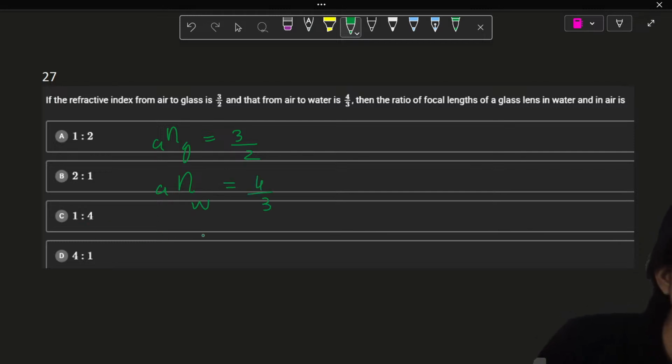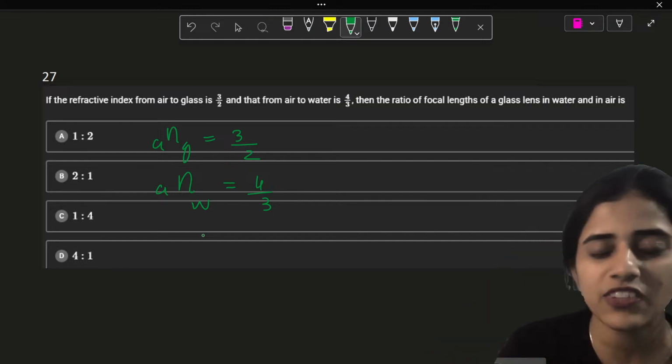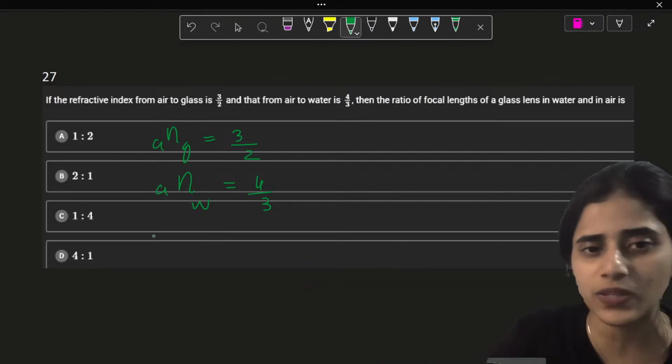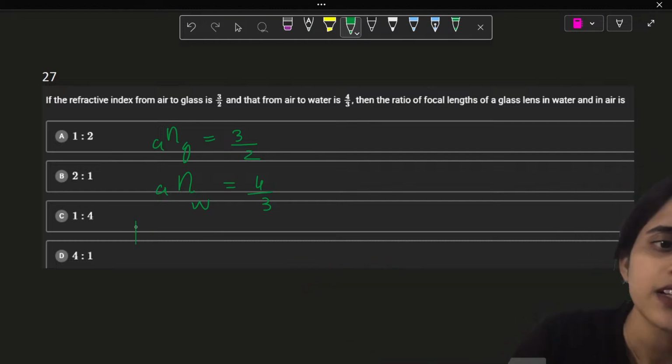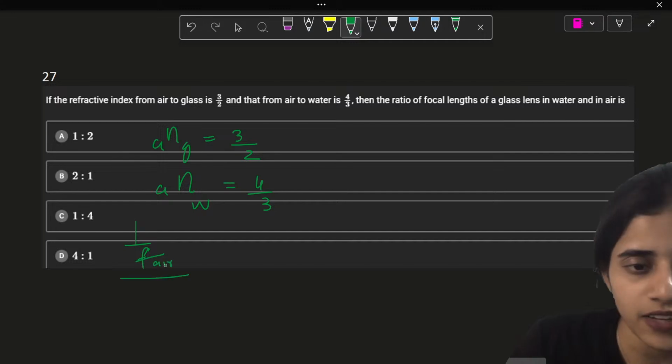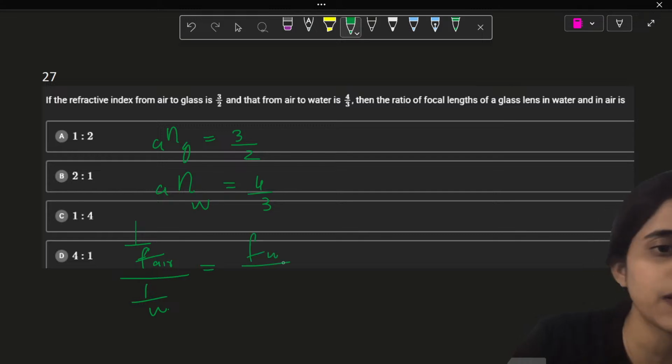Now lens maker's formula you can apply, we've already done that. 1 by f equals n minus 1, 1 by r1 minus 1 by r2, all that will cancel. So I will just take the ratio 1 by f of air by 1 by f of water. So this will basically be f of water by f of air.